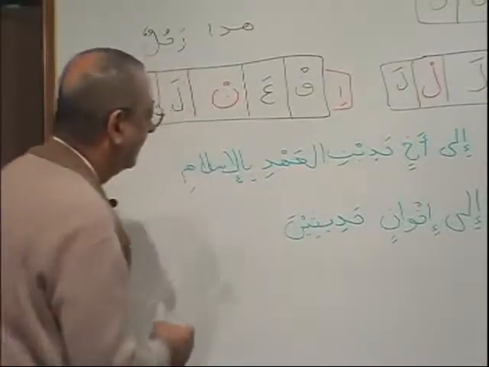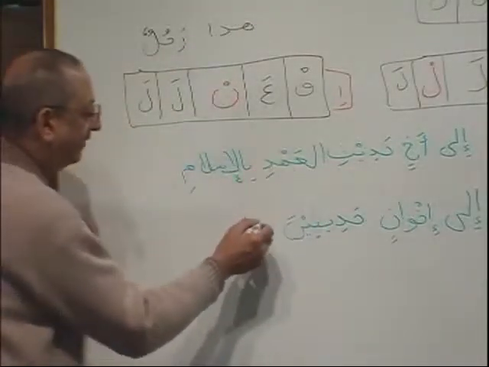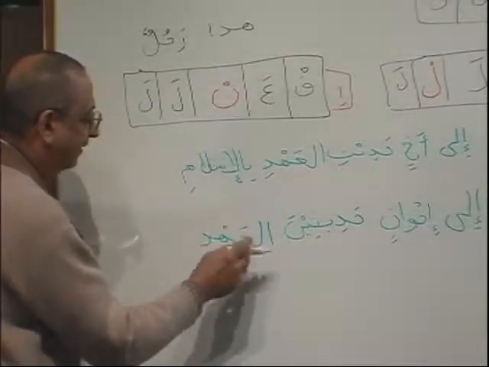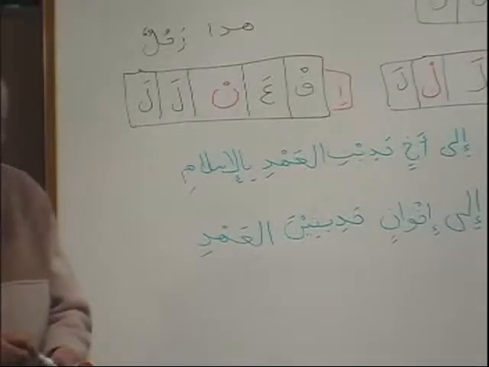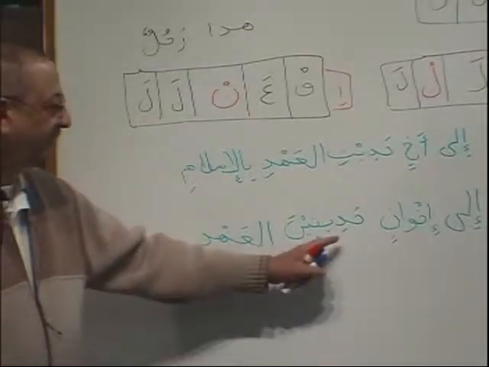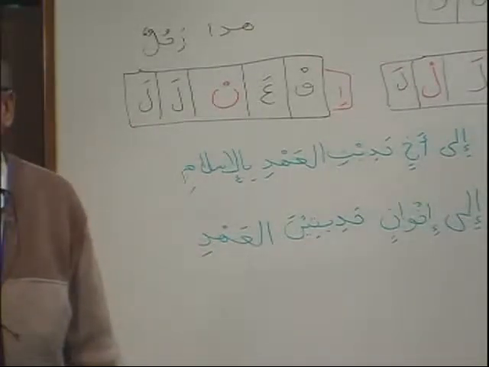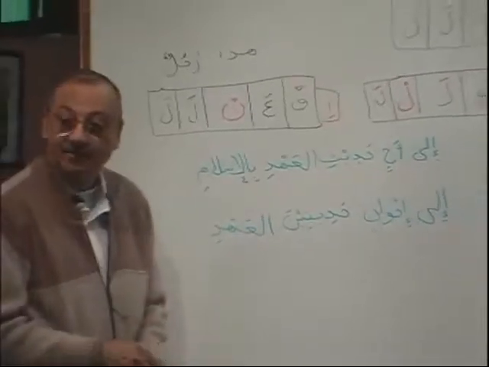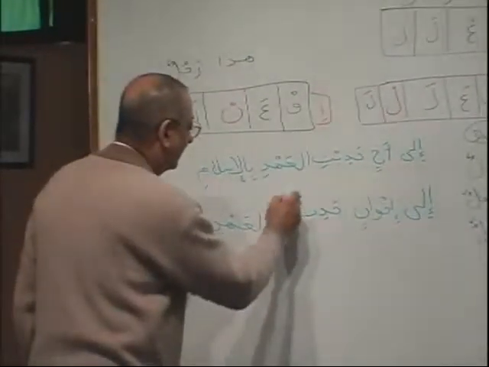And now after that it is coming ahdi. What is this? Mudaf ilayhi. So if the jama mudhakkar salim is mudaf, the noon has to be dropped. So this is what happened here. This noon got dropped.